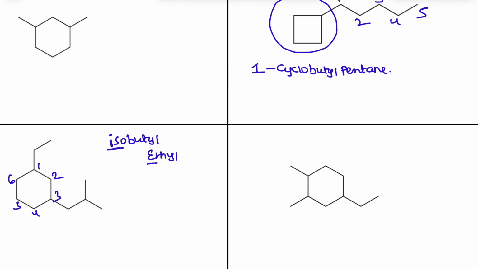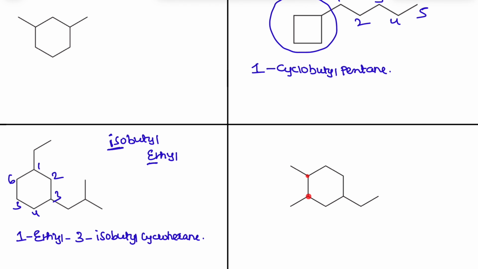Therefore, it will be 1-ethyl-3-isobutylcyclohexane. If you do not know alkyl groups, names of alkyl groups, in one of my previous videos, all alkyl groups I discussed, you just go and watch.